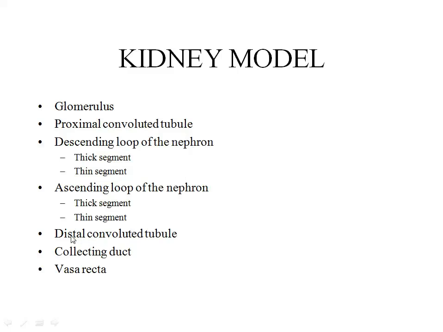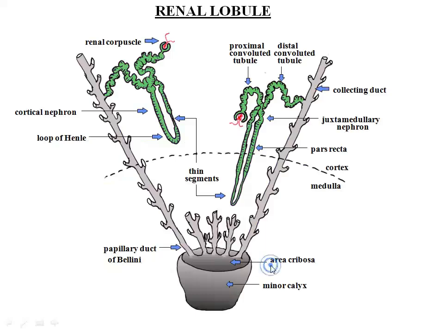Again, this distal convoluted tubule, slightly touching the Bowman capsule, comes back towards the middle portion, that is the medulla, and joins with the collecting tubule. So we see the collecting tubule in the medulla portion of a kidney, and thereafter the vasa recta, which is a major collecting duct.